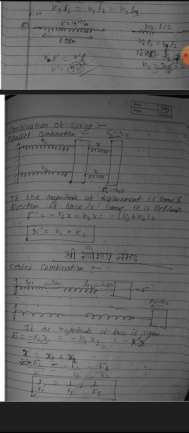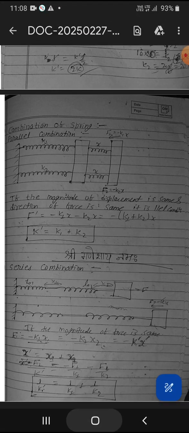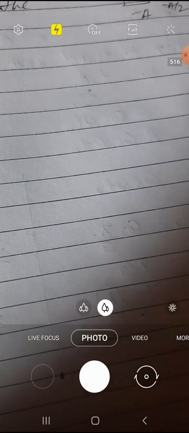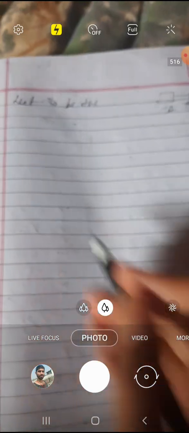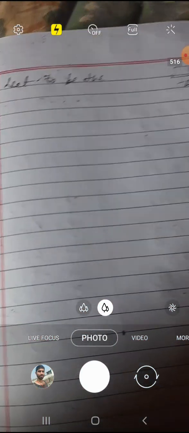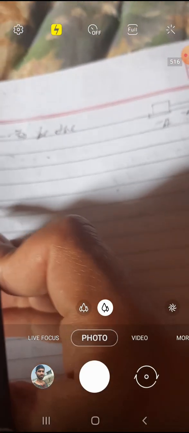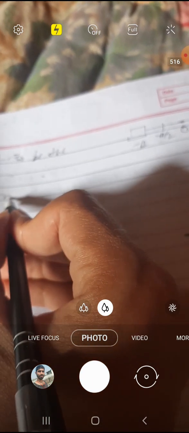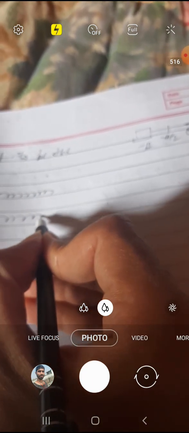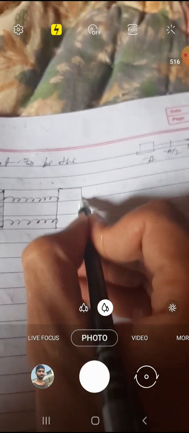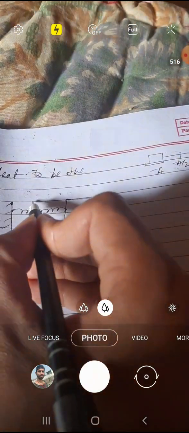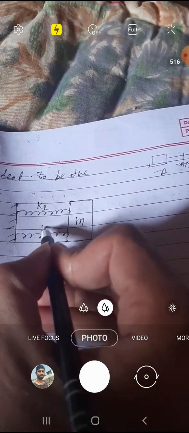How can you solve it? See it out. A body of mass m is attached to two springs of spring constants K1 and K2.